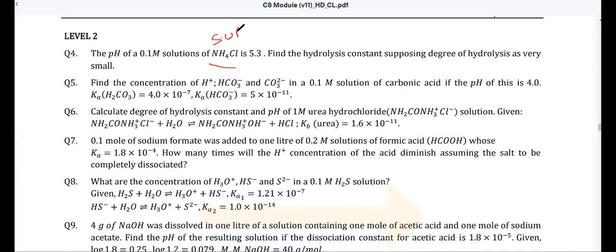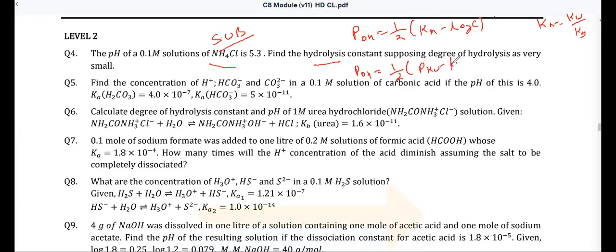Salt of weak base, hydrolysis. It will release OH. So pOH is equal to half, if you don't remember the formula, pKh minus log C. And for weak base, Kh is equal to Kw by Kb. So pOH is equal to half pKw minus pKb minus log C. And h is equal to root Kh by C. So these are the formulas.